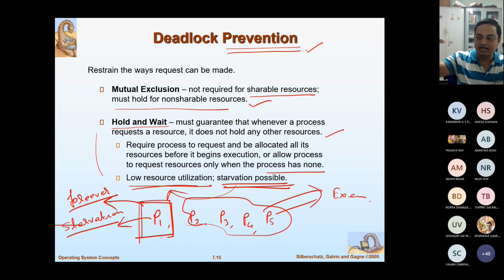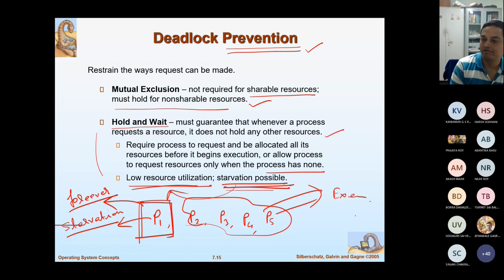P1 needs certain resources, maybe some instances of R1, some instance of R2, some instance of R3. All these resources are needed by P1 simultaneously, but that is not happening. In that case, P1 will never get the chance to be executed. So that is starvation.